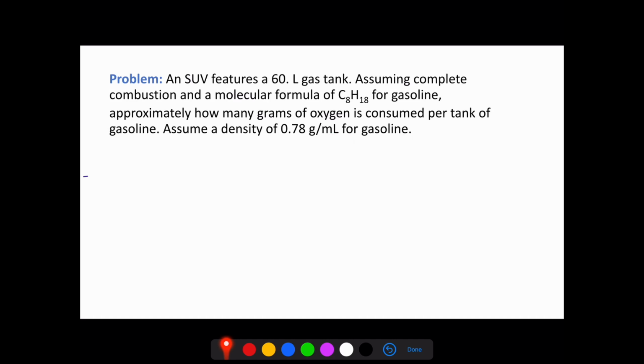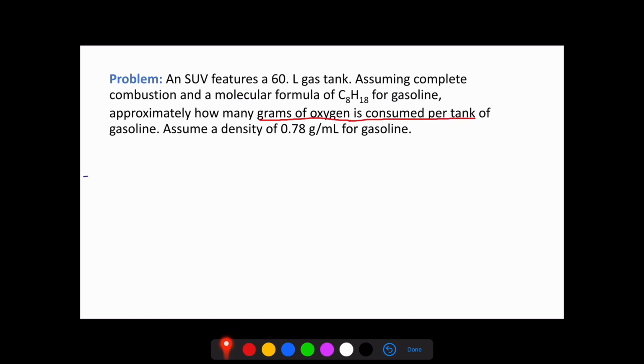So if you look at what unit you're looking for, it's grams of oxygen per tank. How many grams of oxygen is consumed per tank? So let's underline that. That's the unit we are looking for. Grams of oxygen consumed or used per tank.